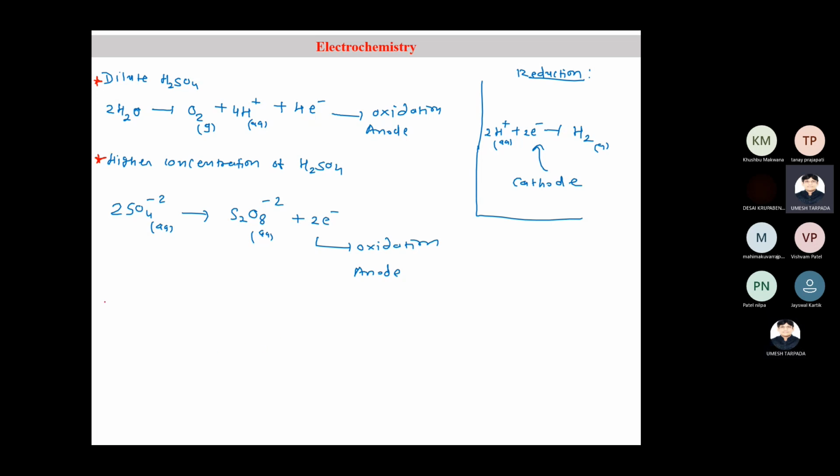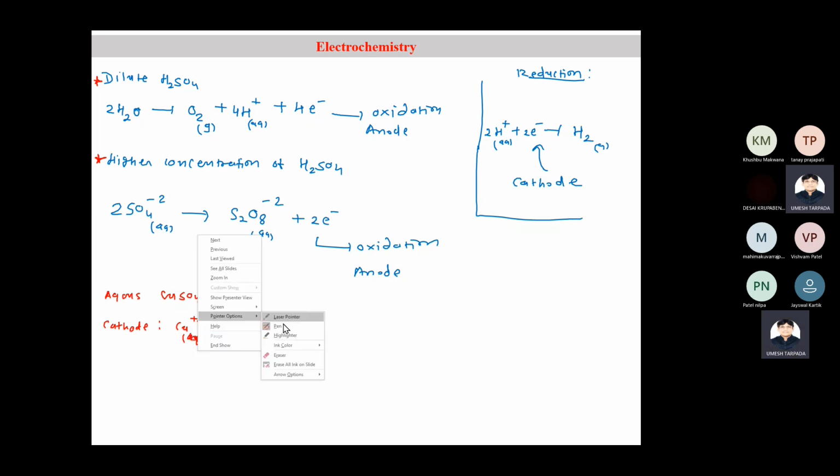In the case of dilute aqueous CuSO4, what happens? Aqueous CuSO4, at cathode, the cation may undergo reduction, that is copper plus 2 reduced to copper. But at cathode, copper of course undergoes reduction, but at anode oxidation is difficult.